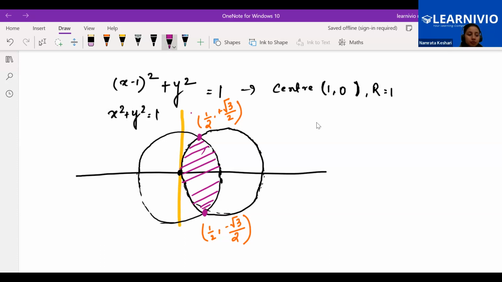And here, let's find the upward portion at first, then we will multiply by 2 to get the downward portion. So basically, let's find the upward one. To find it, let me wipe this shaded part so that I can make it clear for you.